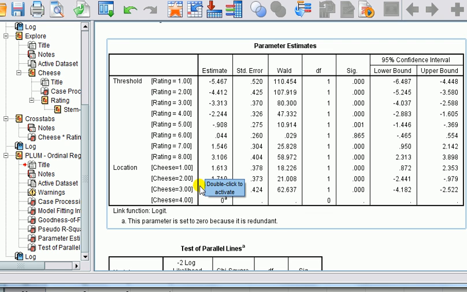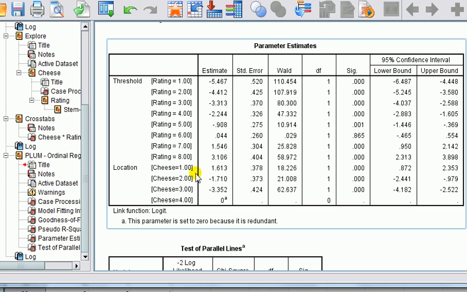It's more likely you're going to rate it higher, because remember, low numbers are for low rating, high numbers for high rating, and a positive beta means a more positive rating. Likewise, a negative beta means you're more likely to rate it lower compared to the reference category, here being cheese 4, cheese A.